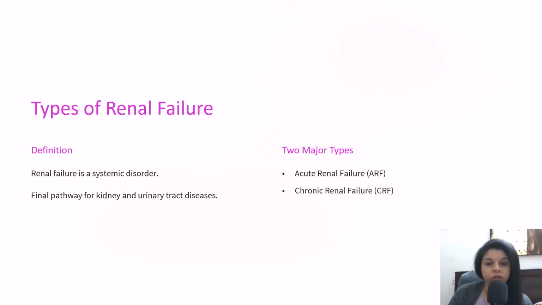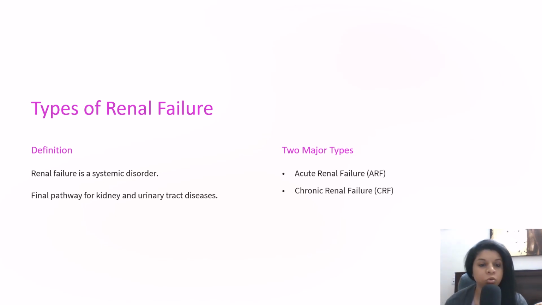Now, types of renal failure. There are two types of renal failure, mainly acute renal failure and chronic renal failure. You should remember that renal failure is a systemic disorder. Maybe to start with, glomerular disease, tubular disease, and vascular diseases all start with the kidney. But ultimately, when the kidney goes into failure, all the systemic organs are affected, in some way or the other.